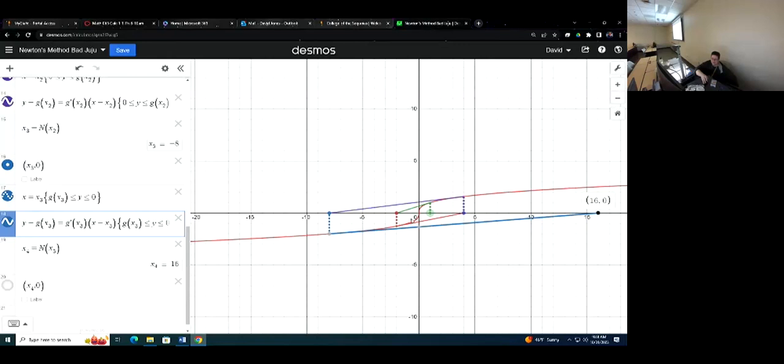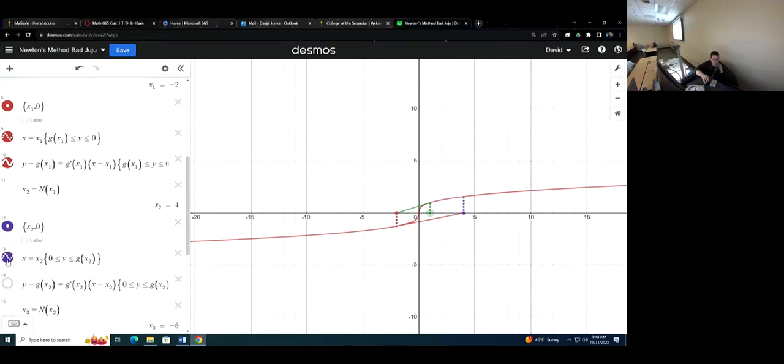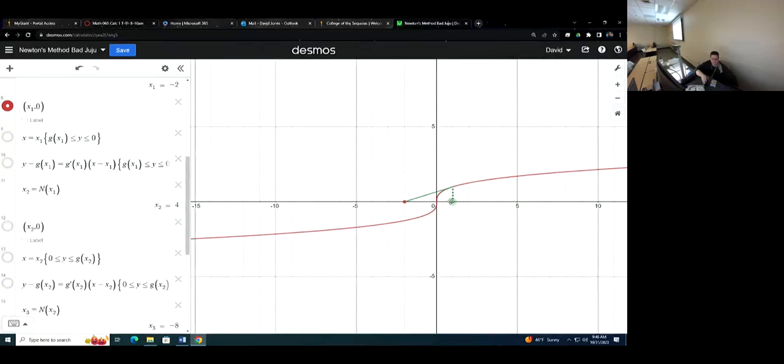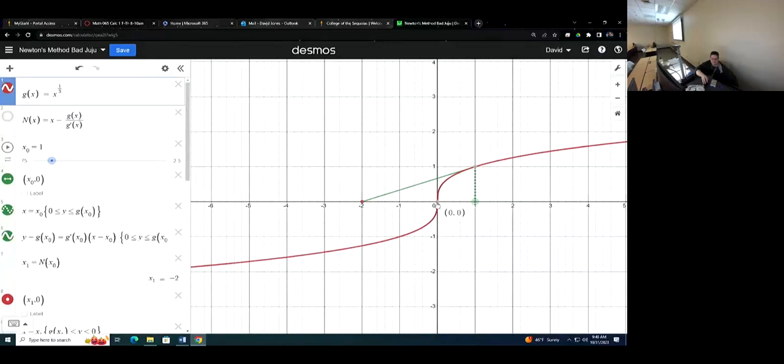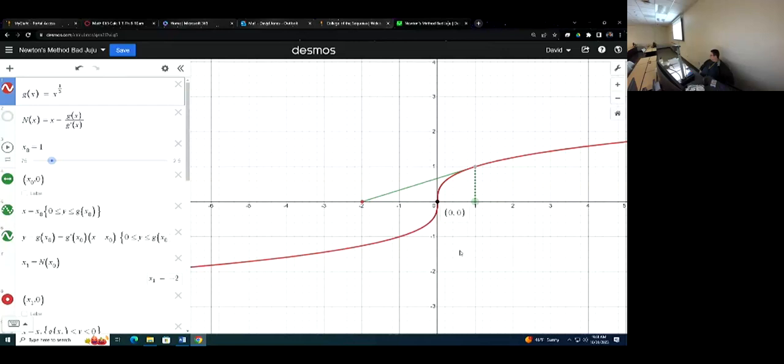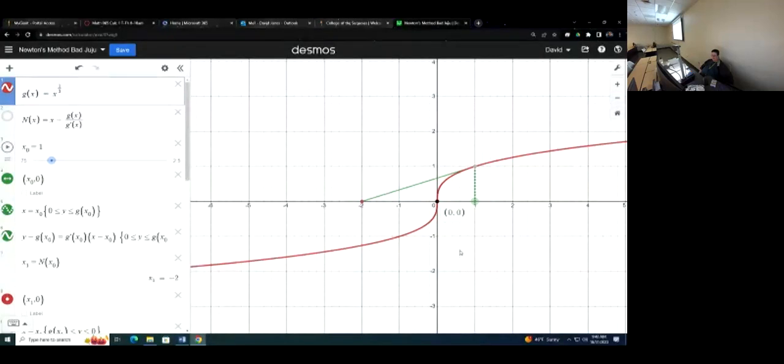So you can see we're nowhere near the root. We're getting further and further from zero. So Newton's method doesn't always work if you don't have values that are close.